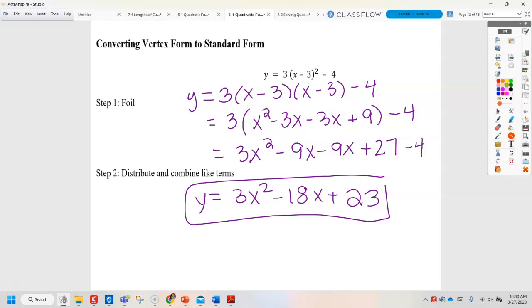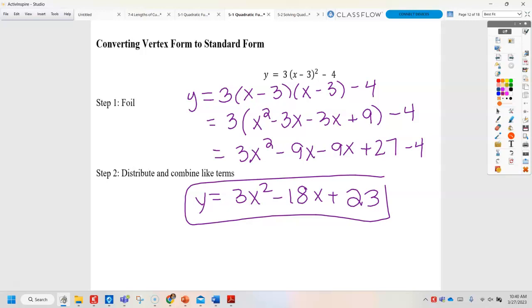That's it. So like I said, converting from vertex to standard is pretty simple. Converting standard to vertex is a little bit more of a pain. So what you're going to do is practice both of those for homework tonight. The first couple are converting vertex to standard, then standard to vertex.